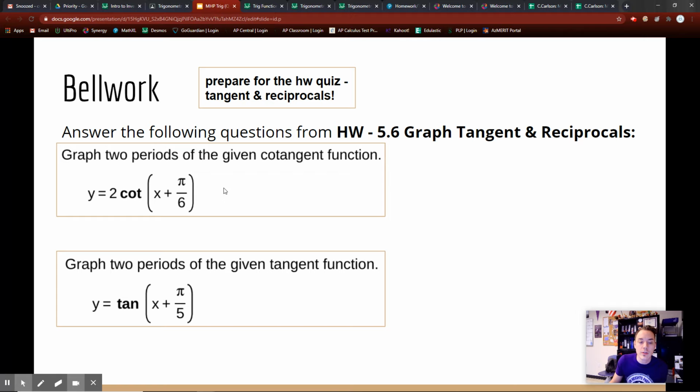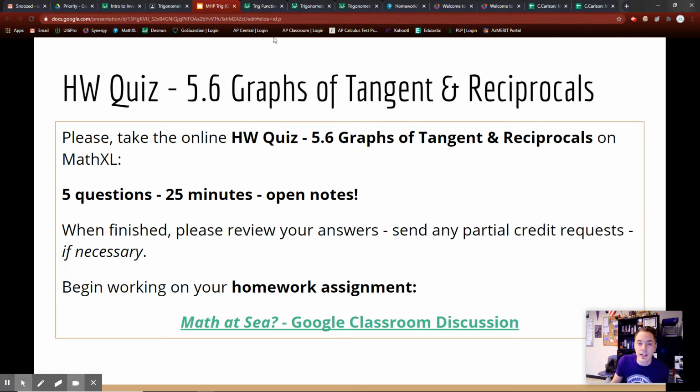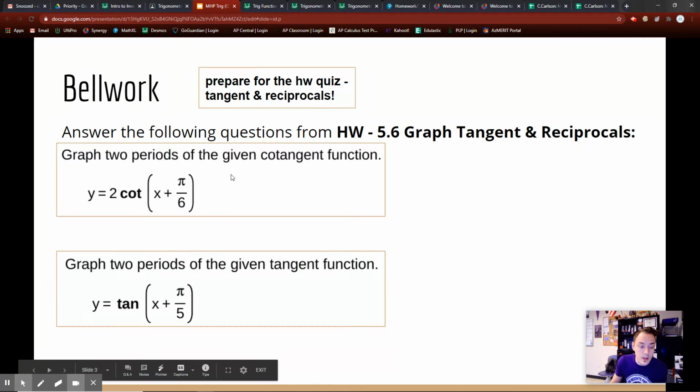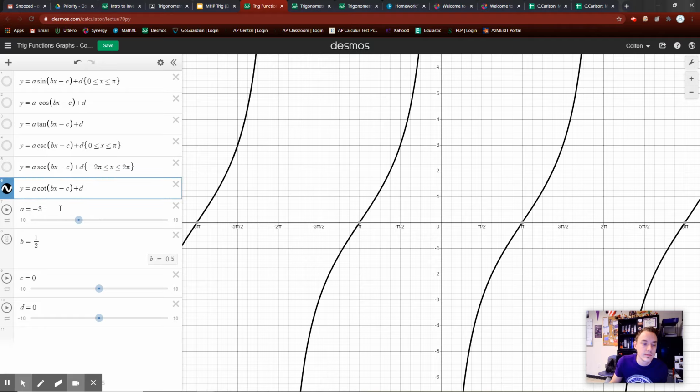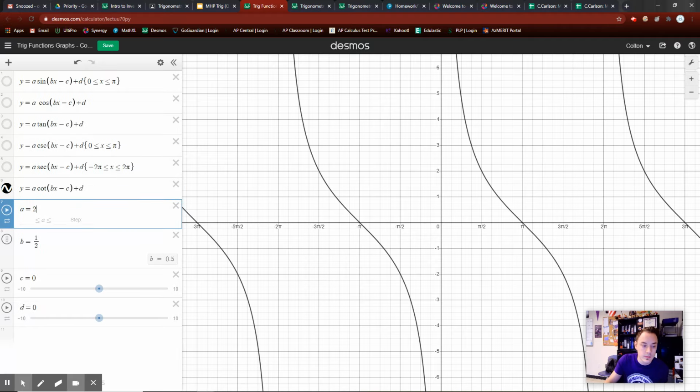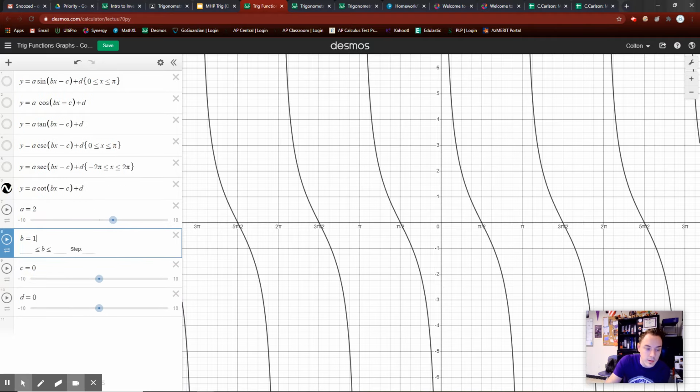So 2 cotangent of (x plus pi over 6). Let's go over here. So I'm going to go over to my cotangent. So 2 cotangent of x plus pi over 6. So that means my b is 1, and then plus pi over 6.